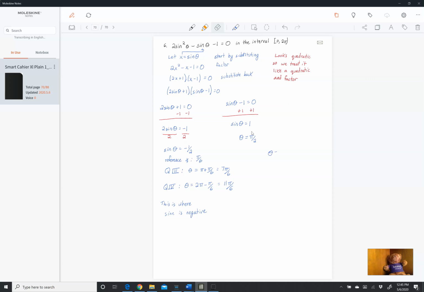If we just summarize here, we have theta equals pi over 2, theta equals 7 pi over 6, and theta equals 11 pi over 6. These are our answers to this problem. So we have 3 solutions. Sometimes you have 4 solutions.